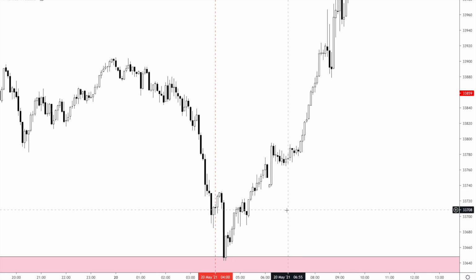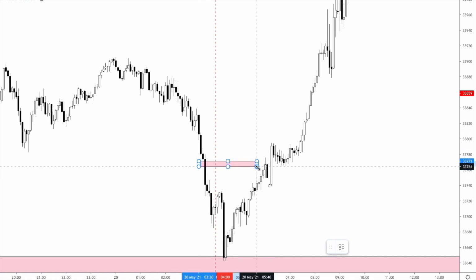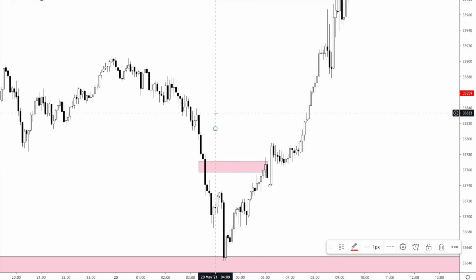So if you notice what happens here, the market created this order block, and then we had this gap. The market pushed up aggressively, which means that, remember, when you have an order block, this order block here mitigated this inefficiency area over here. So let me draw that right here. So we mitigated this area, right?